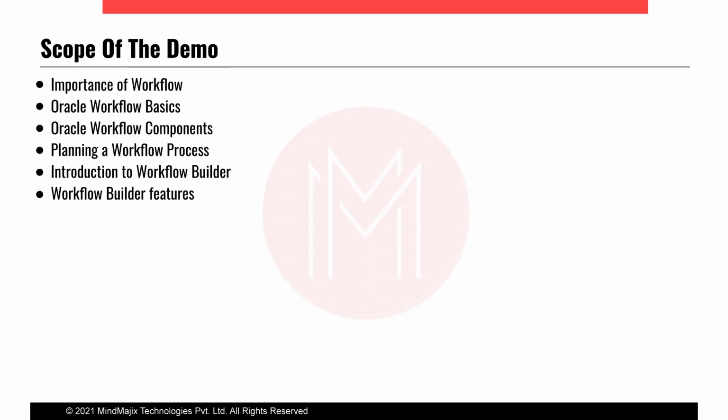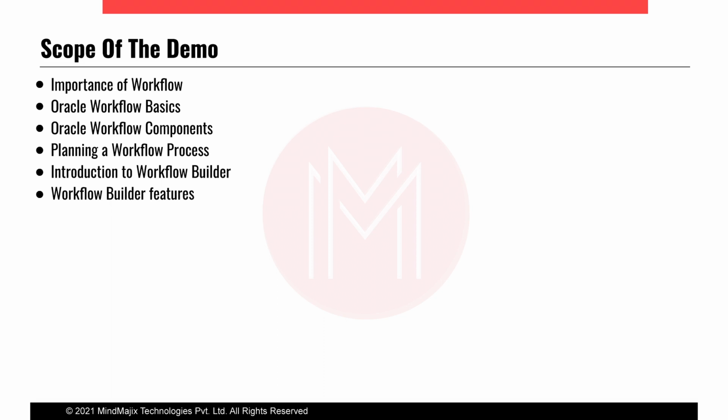Now coming to planning a workflow process. Before planning a workflow process, we need to ask some questions, like at what stage this workflow is going to be approved, how many levels of approval there will be in the workflow, whether any FYI notification will be present or not, and how the calculation should be.